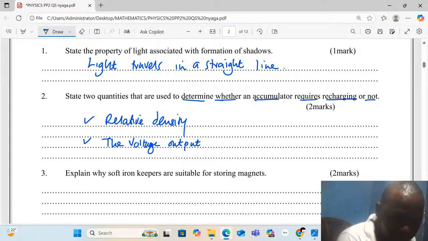In case it falls below 1.8 volts per cell, then it requires to be recharged.